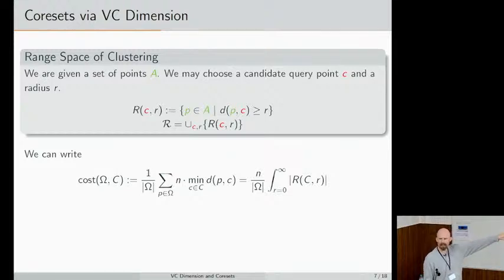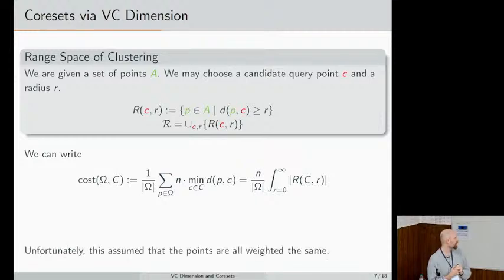So this is how this range space enters the picture, and the VC dimension characterizes the richness of this range space. How many samples do I need to take in order for all of these ranges to be well approximated? That's the overall idea behind this VC dimension-based analysis.